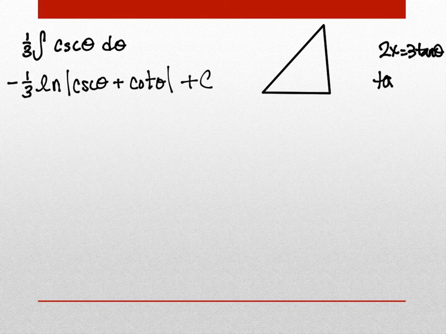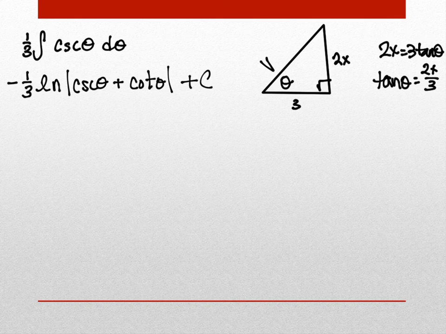So tangent of theta is actually 2x over 3. Okay, so in terms of my triangle, and theta being right here, what goes where? 2x is the opposite or the vertical piece. 3 is the base or the horizontal piece or the adjacent, right?